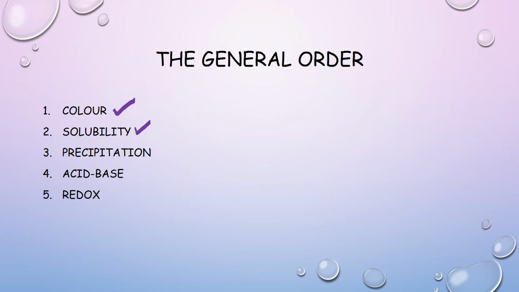So now we're up to the third step. We're trying to use a precipitation reaction in order to tell two compounds or three compounds apart. In order to do this, you will have to work out what soluble substance you can add to precipitate another compound.